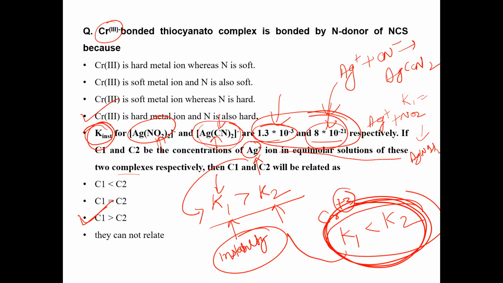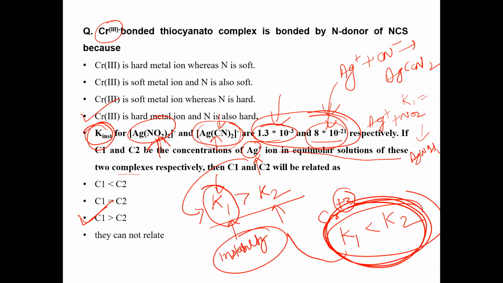Understand? You're getting my point? So what will it be? This complex is unstable. That means it will be dissociating in the solution because it has a higher value of instability constant.